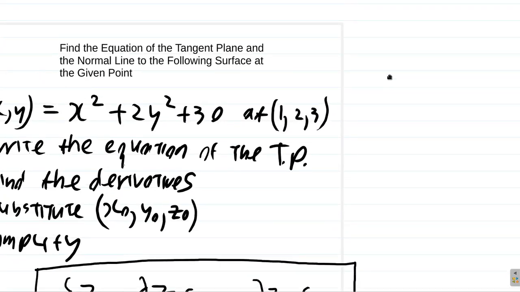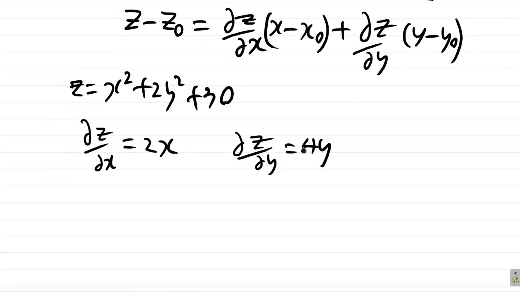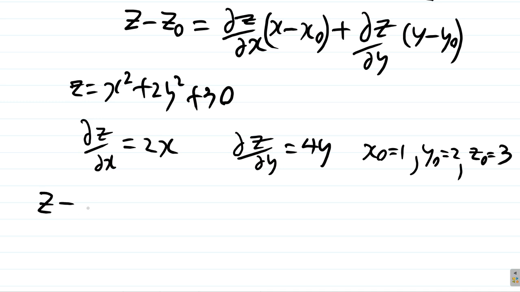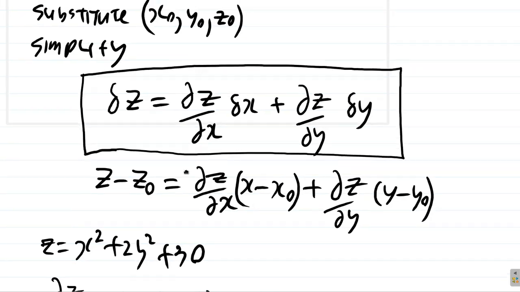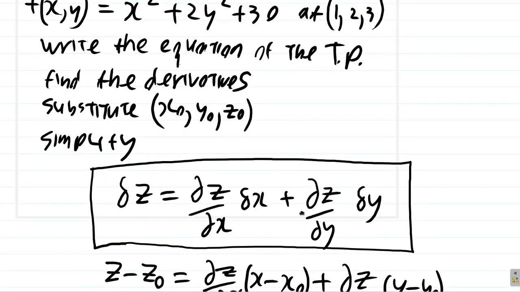Now from this point, (1, 2, 3), you know that x naught is 1, y naught is 2, z naught is 3. Now, you say z minus z naught, which is 3, is equal to delta z by delta x, which is 2x times... Before we do that, substitute x naught, y naught, z naught.